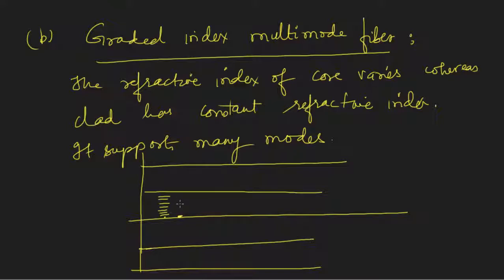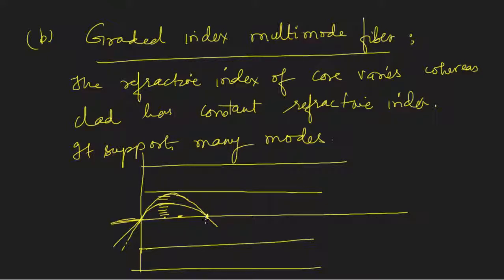As the refractive index decreases, speed increases. Also, the mode which has a larger angle of incidence has more optical path, but due to less refractive index, it has more speed. So what will happen? For example, if it is meeting here, another mode which has less optical path and less speed will also take almost the same time to reach here.